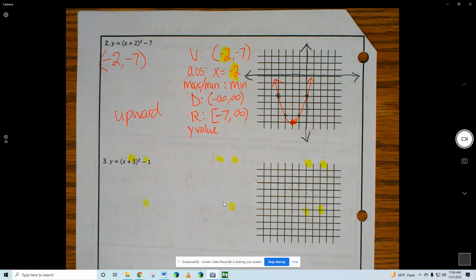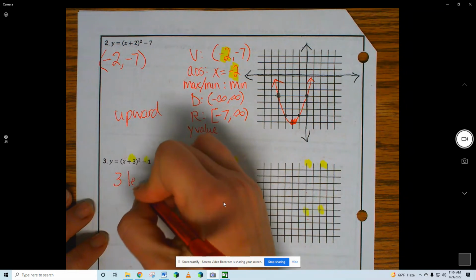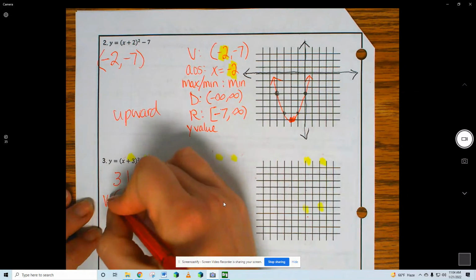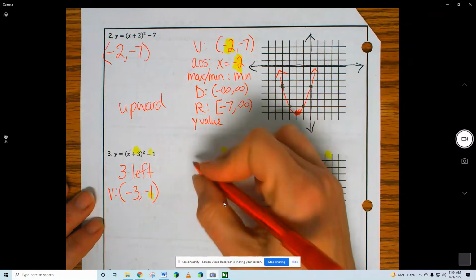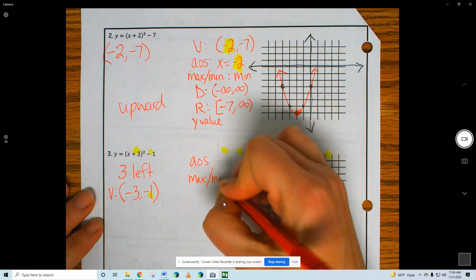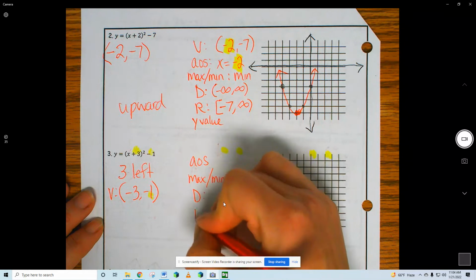All right, 3 to the left, (-3, -1). That's my vertex. Axis of symmetry, max or min, domain, range.